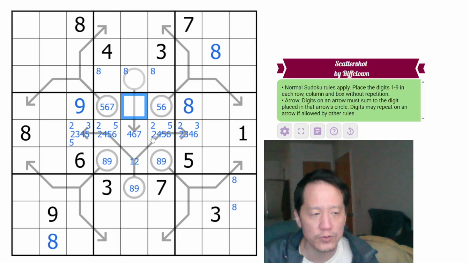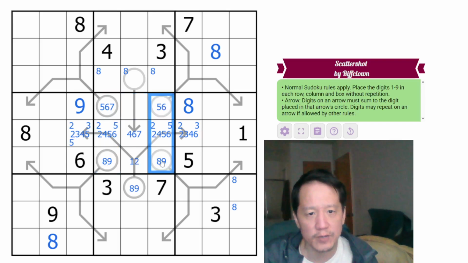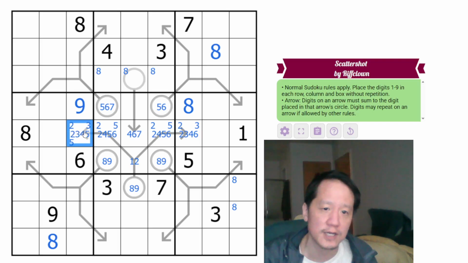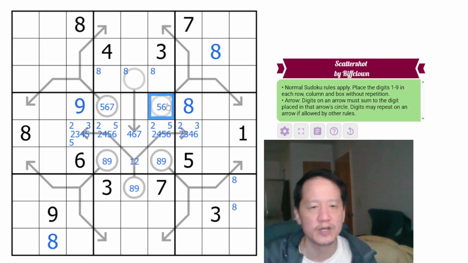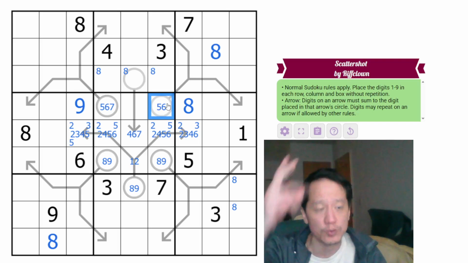Well, we know this has to be at least a 3. 3 can't be here. 3 can't be here. This can't be 3 because, again, this adds up to 7 or 8, and 3 plus 7 or 8 is not a single digit. So this can't be 3. Neither of these can be 3 because, again, they add up with 1 and 2 at least.